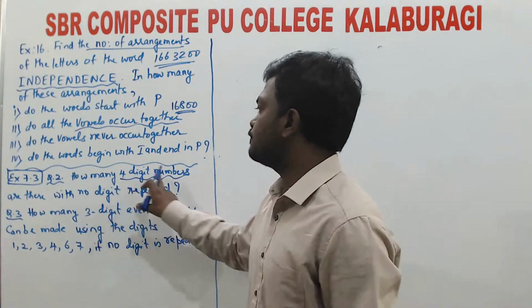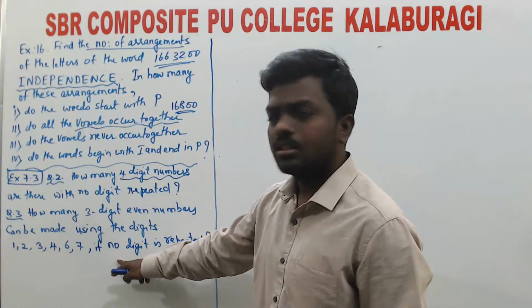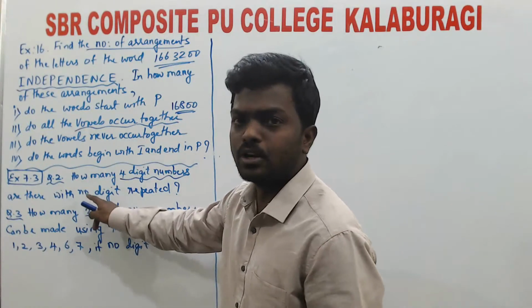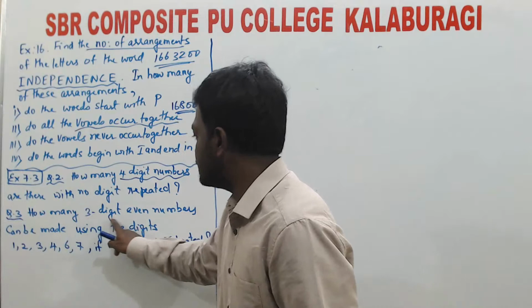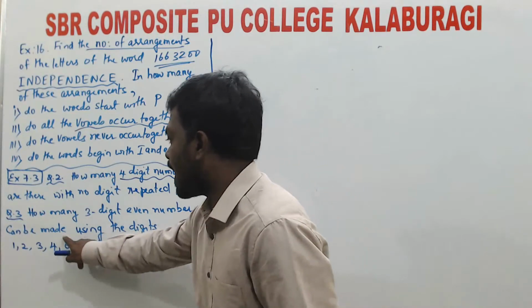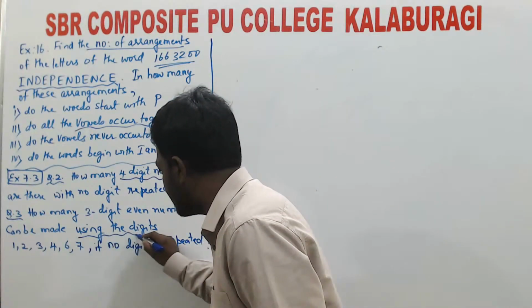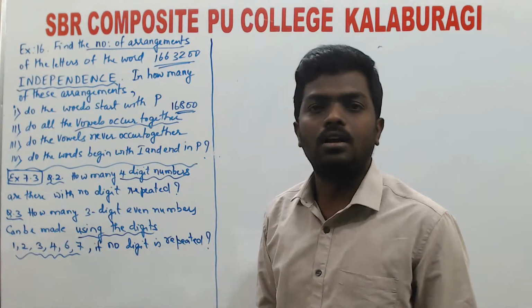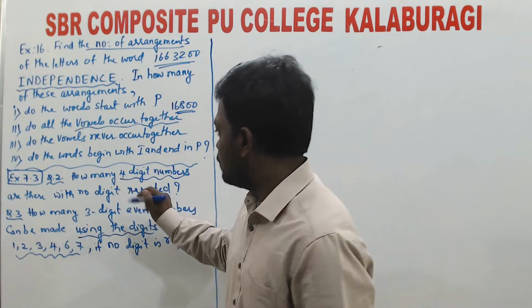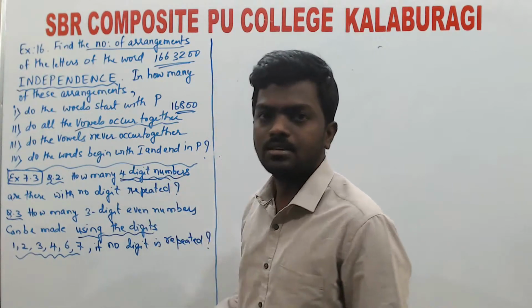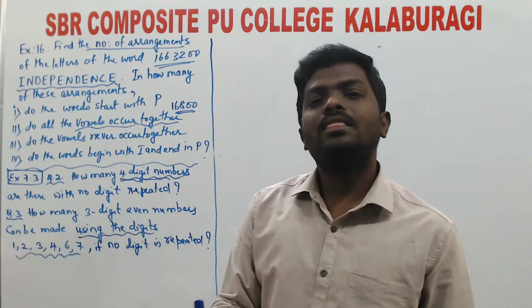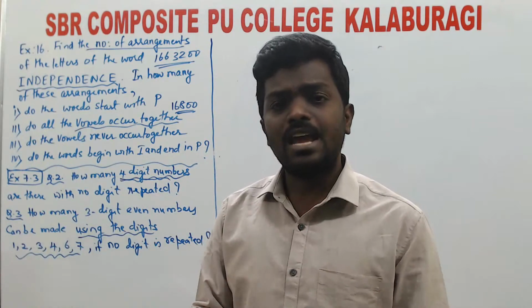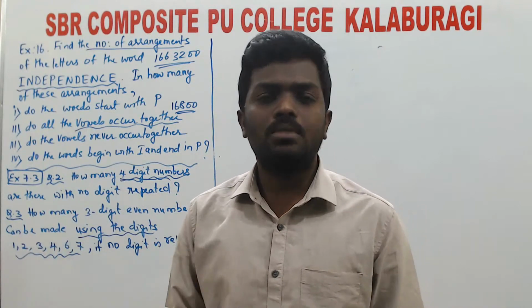Look at the third one; there is a difference between question 2 and 3. How many 3-digit even numbers can be made using the given digits? These digits only must be used. But in question 2, when they don't say which digits to use, we take all the numerals, right?